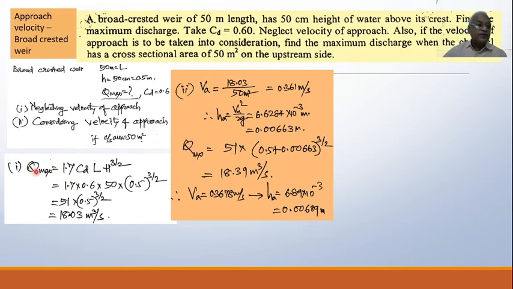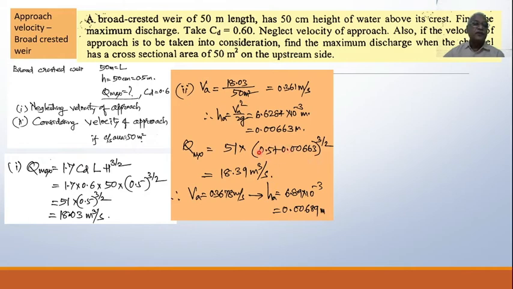So for revision, how this equation becomes, just check. Look at this, 1.7 CDL, this value is equal to 51. That 51 has come here. So only change is h raised to 3 by 2. Instead of that, it is h plus ha raised to 3 by 2. This is what is different.